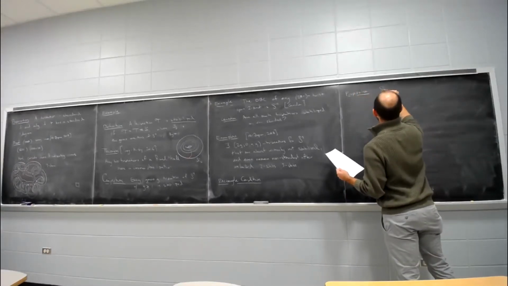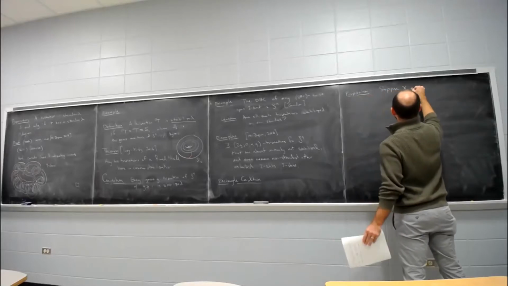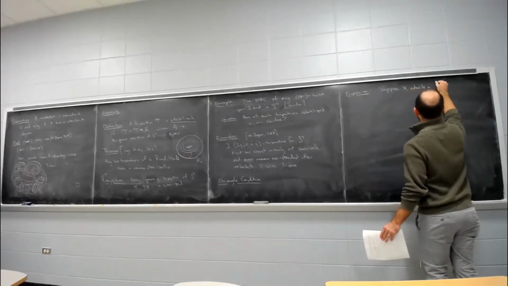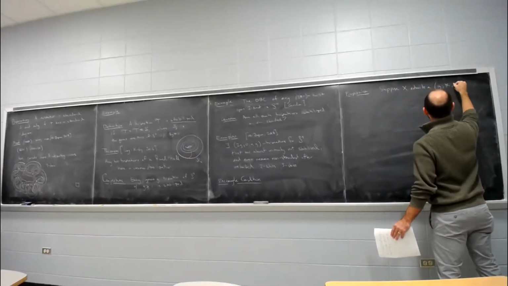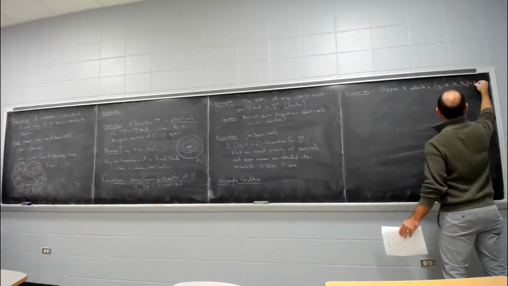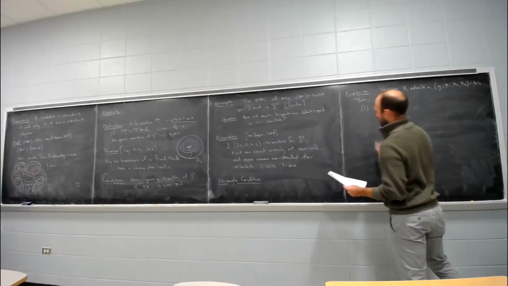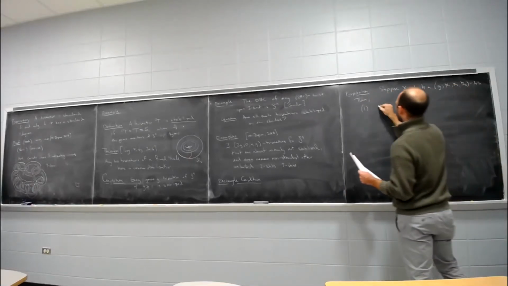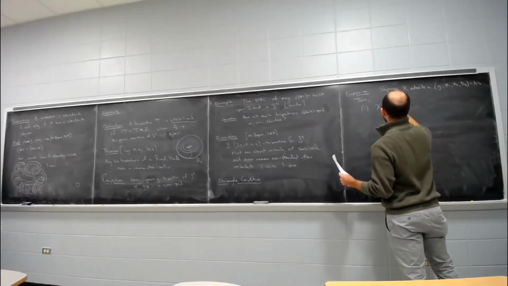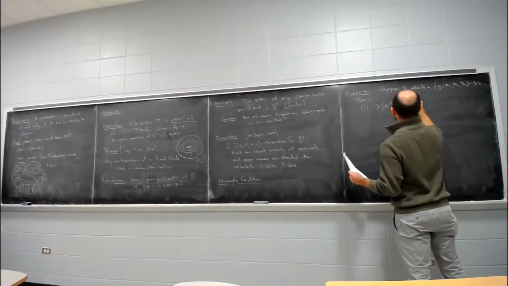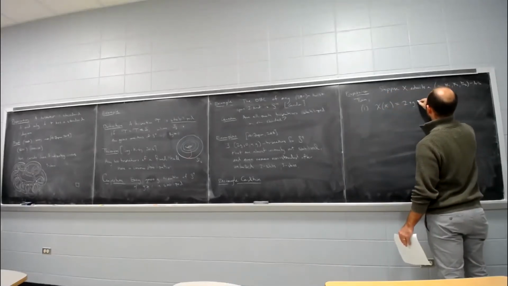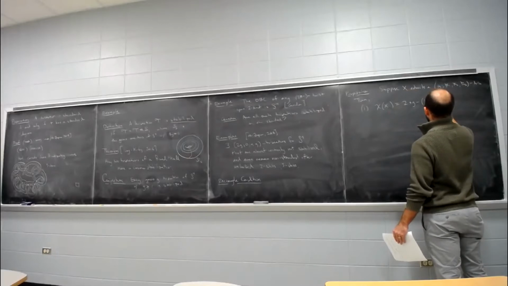Okay, so suppose X admits a (G, K1, K2, K3) trisection. Then we can conclude a couple of things about its algebraic topology. The first, which has escaped mention until now, is that the Euler characteristic is 2 plus G minus the sum of the K's.